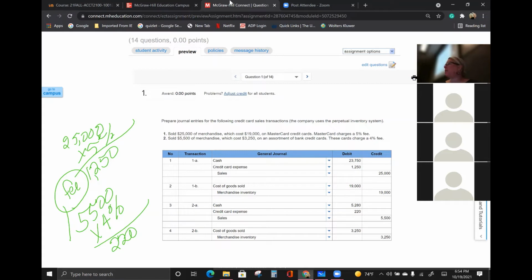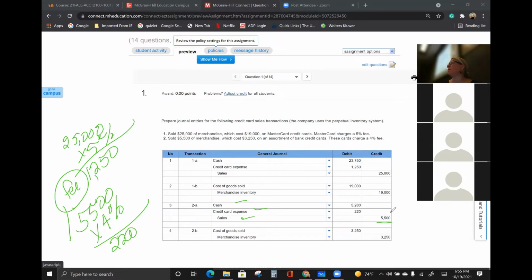So I debit the cash, $5,280, which is the difference between the $5,500 and the $220. I book my expense right here for the $220. And then I have my sales, my revenue for the $5,500, full amount.